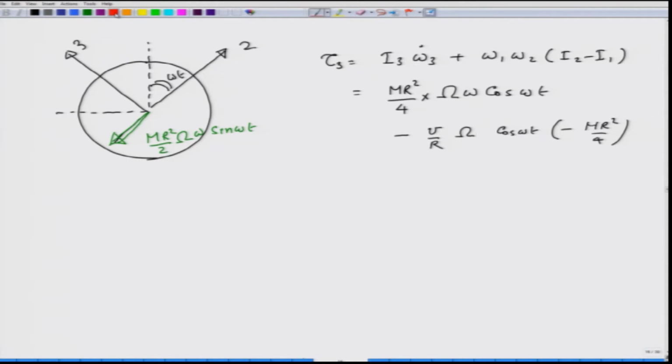With v over r equal to omega, we get this again to be equal to mr square over 2 capital omega, omega cosine of omega t.